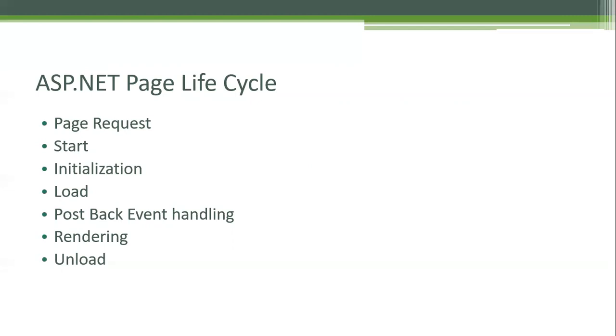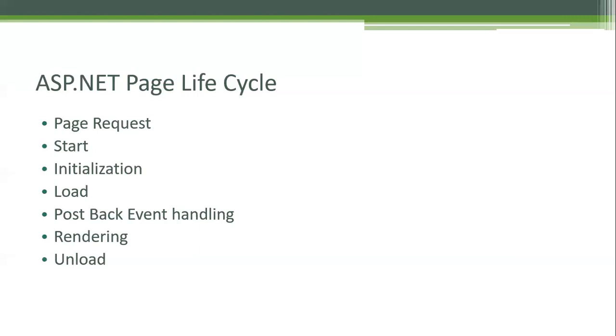So in the page request, it will check whether we are serving a new page or a cached page. In the start stage, it will check whether it is a postback request or a fresh request. It will set the IsPostBack property on the page object. So it will create the object and it will set that property.